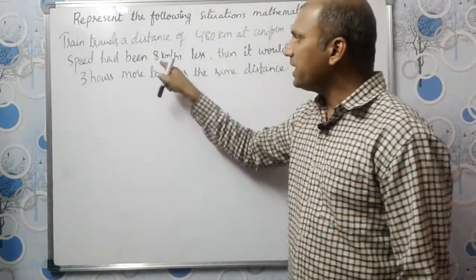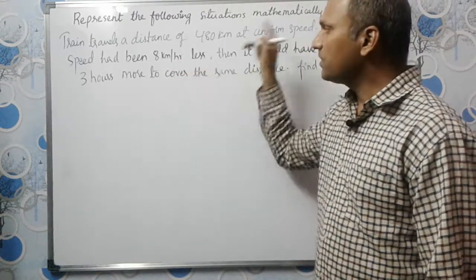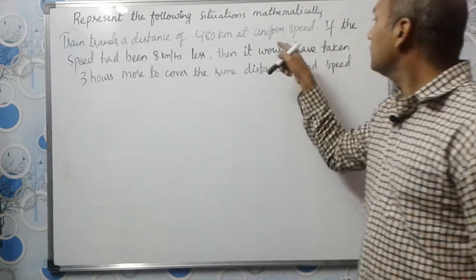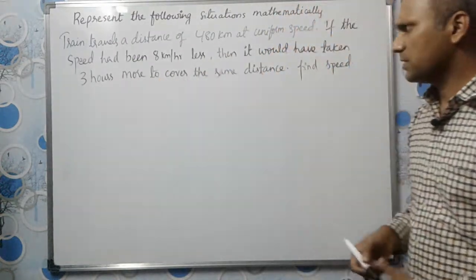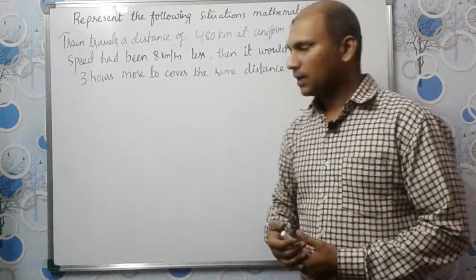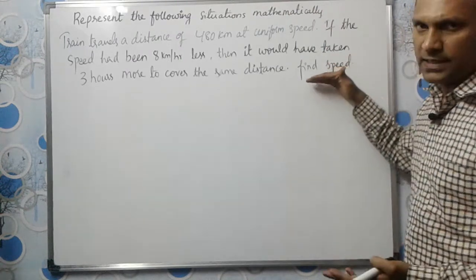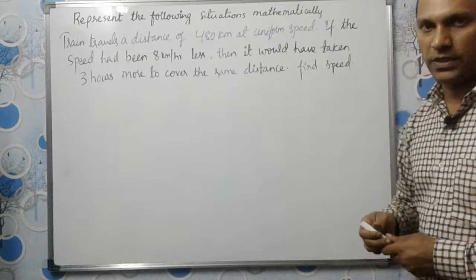Now, if the speed had been 8 kilometers per hour less, then it would have taken 3 hours more to cover the same distance. Obviously, if the speed is less, the time taken will be more. We need to find the speed. That means we need to take the speed as x and write a quadratic equation for this situation.